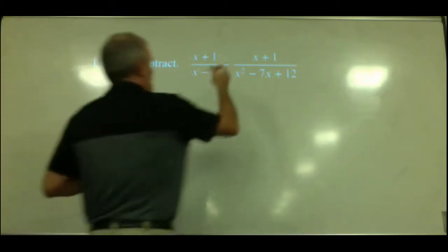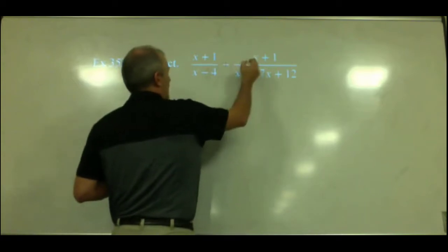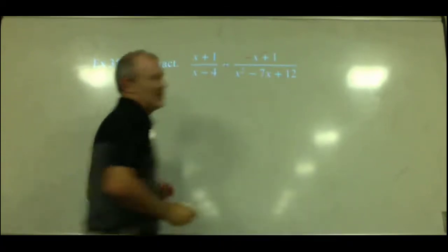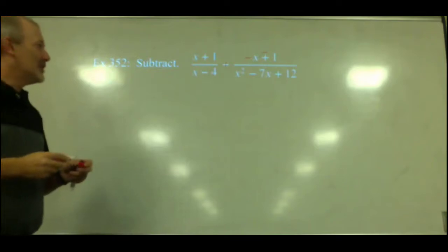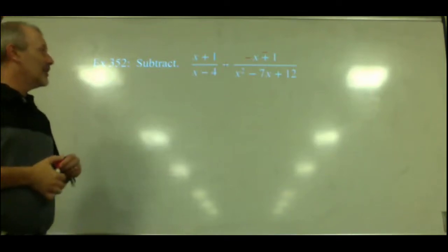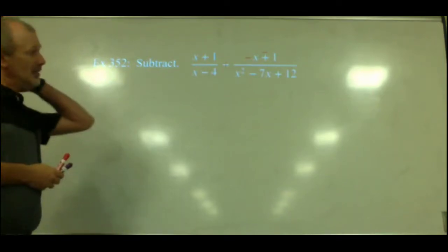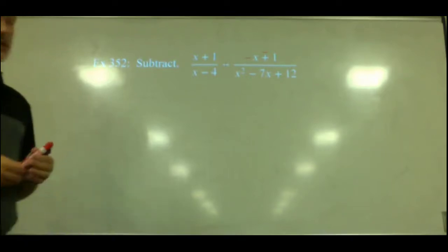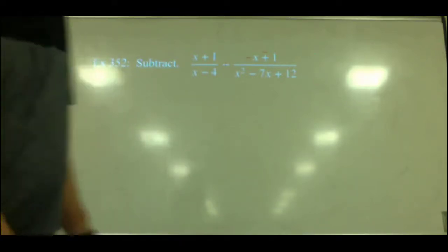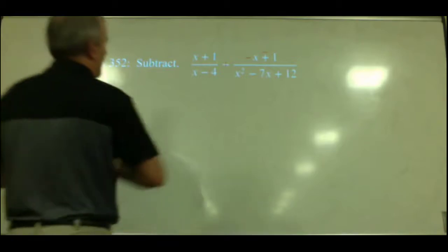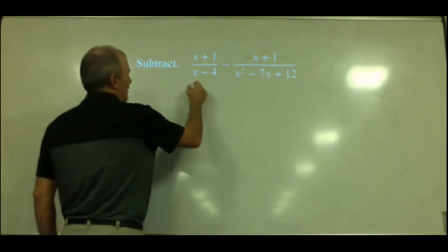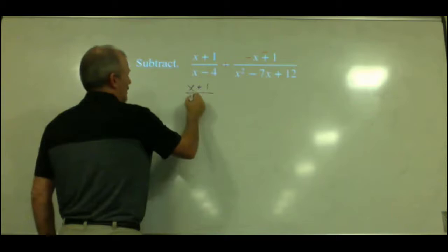I would suggest I'm just going to use my special quick method of changing the signs like that. So now we have addition, and we have x, a negative x, and a negative 1. Now, I'm not going to let you off the hook as easily this time. We are going to factor something here.